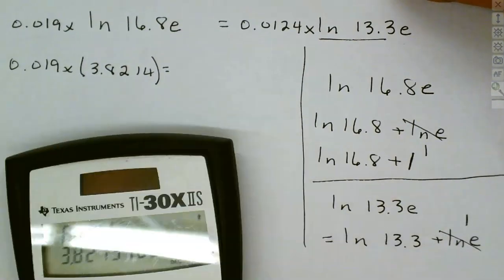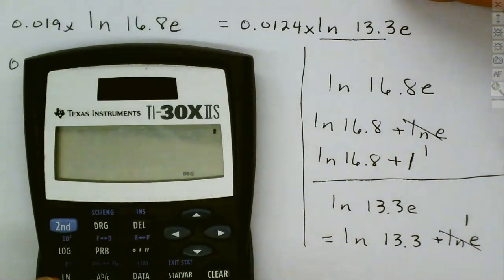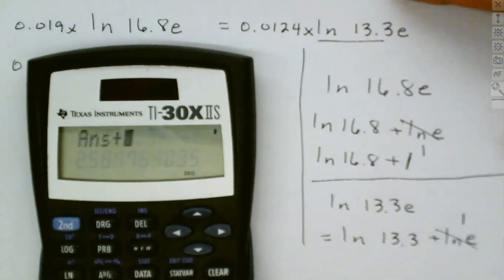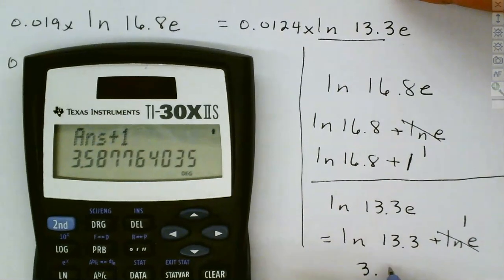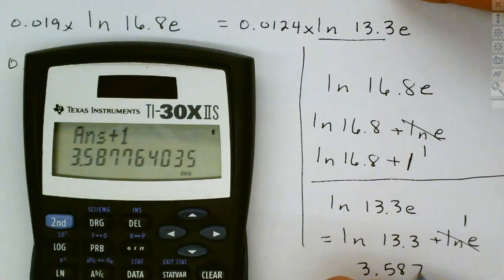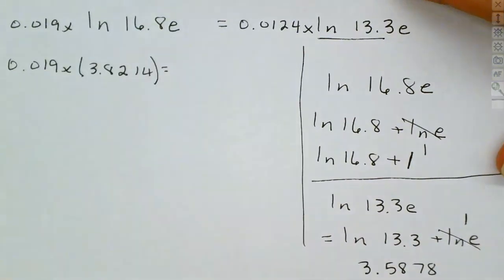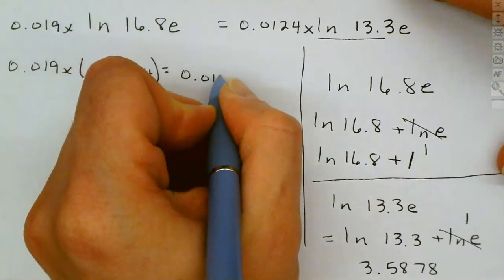And natural log of 13.3 using our calculator, ln 13.3 plus 1 is then 3.5878. Close enough there.